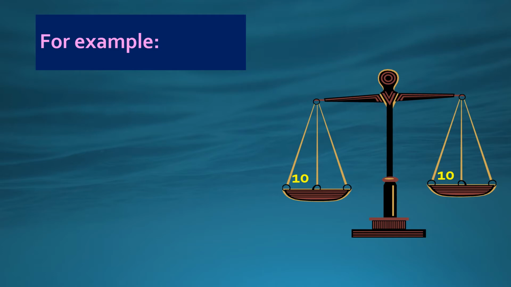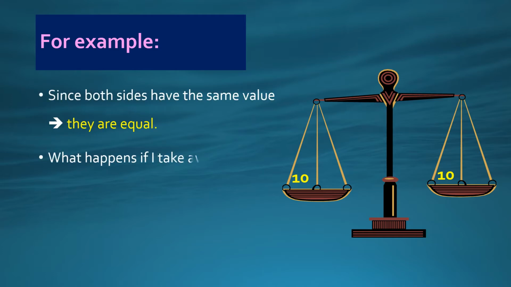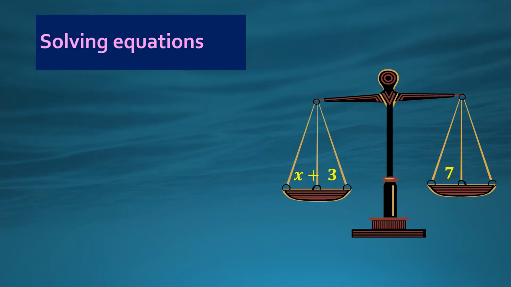For example, here we have a balance with 2 pans, and as we can see, the 2 pans are equal. Can you tell me what happens if I take away 3 from the left pan? Here we have a balance with 2 pans, and remember the 2 pans must be equal.